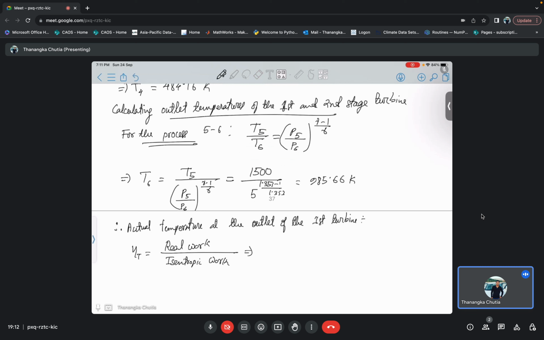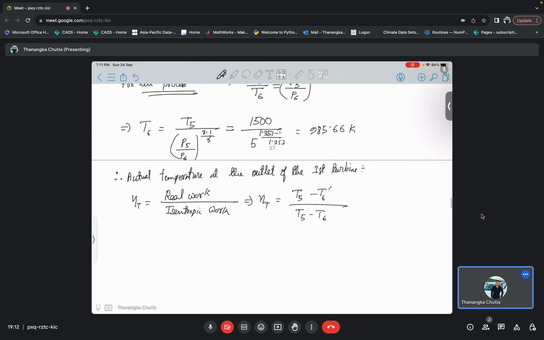So eta turbine will now be T5 minus T6 prime divided by T5 minus T6. This is given to you as 0.90, which is equal to 1500 minus T6 prime divided by 1500 minus 985.66.